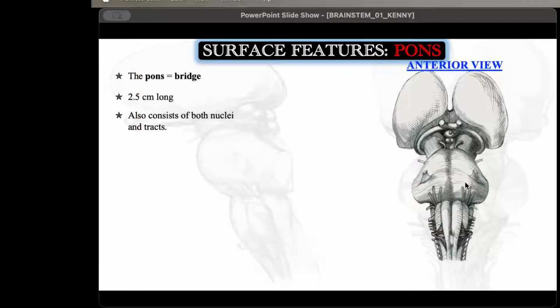So let's discuss the surface anatomy of the pons. On the ventral aspect of the pons, we have a groove, or sulcus, known as the basilar groove or basilar sulcus.